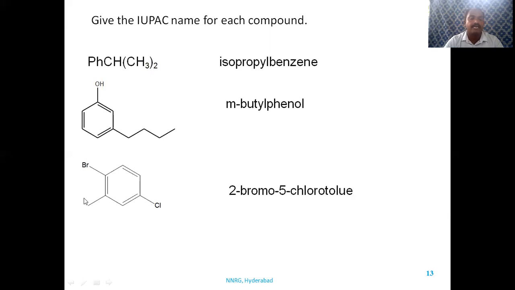The methyl group, being an alkyl group, should be given the highest preference. So numbering should start from here, 1, and I can number like this because chlorine is getting 3 and bromine is getting 2. So 1 for the methyl group, 2 for the bromine, 5 for the chlorine. So it is a toluene, 2-bromo-5-chlorotoluene.